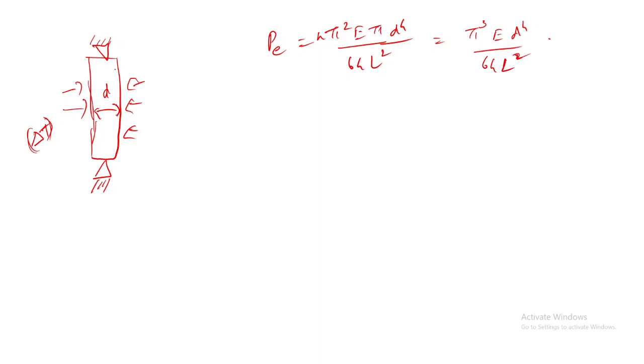If the force due to the temperature rise is greater than this buckling load, then this column will buckle and fail. That is the condition for buckling. So what is the force due to this temperature rise? We learnt it in thermal stresses.